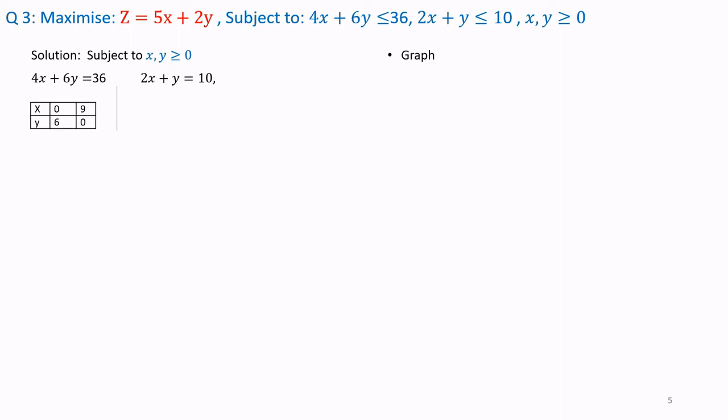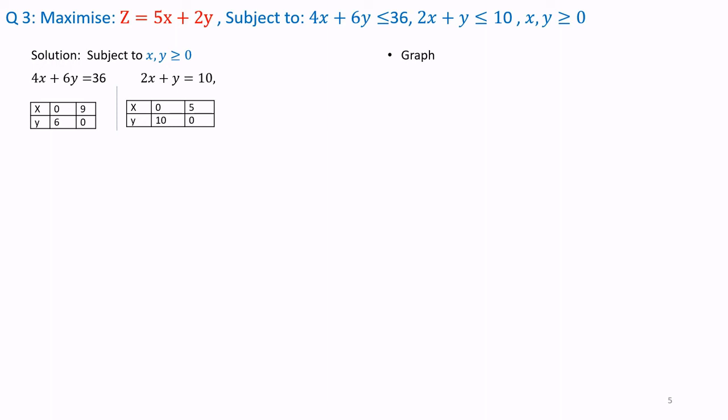We will take up the next constraint equation, 2x plus y is equal to 10. So the second table becomes: when we put x is equal to 0 in this equation, y is equal to 10. So when x is equal to 0, y is equal to 10. In the next step, we will put y is equal to 0.